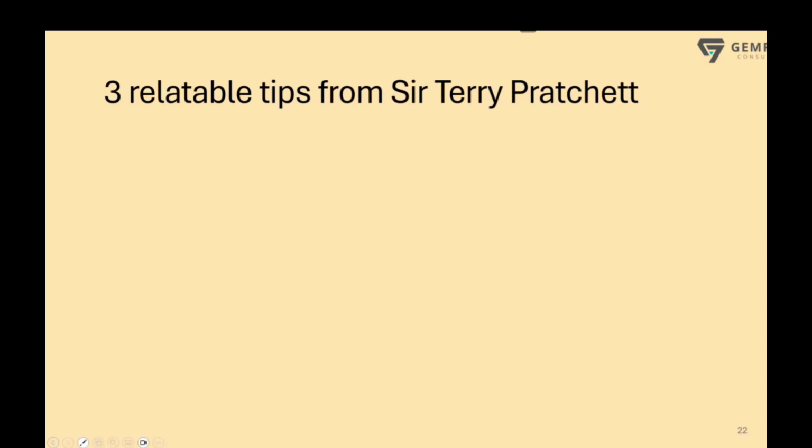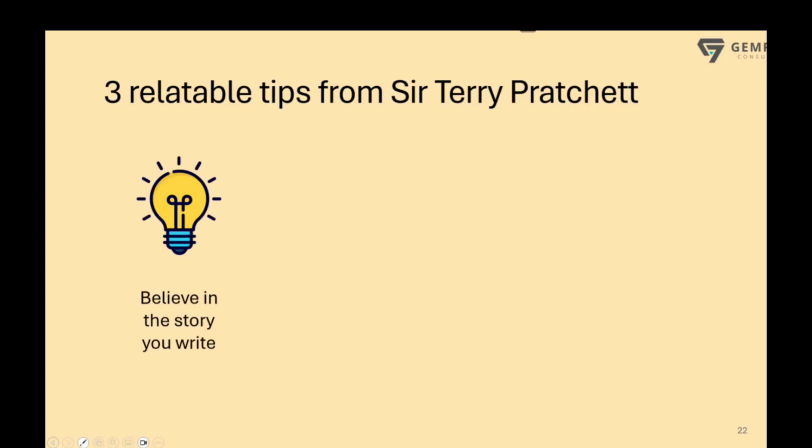And he shared 3 tips in his writing, which I think are actually good for us as well when we are creating our narrative. The first thing is we have to believe in the story that we write. And when I say story, I am not talking about unethical window dressing. We don't want to end up like that. We have to report the truth and only the truth.